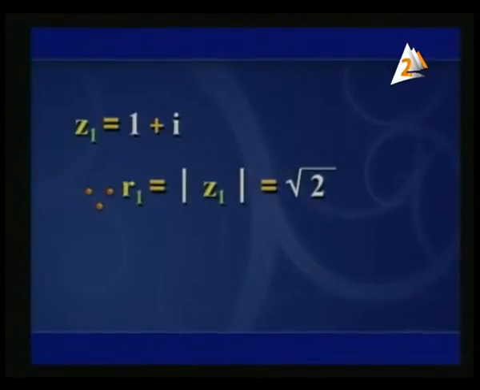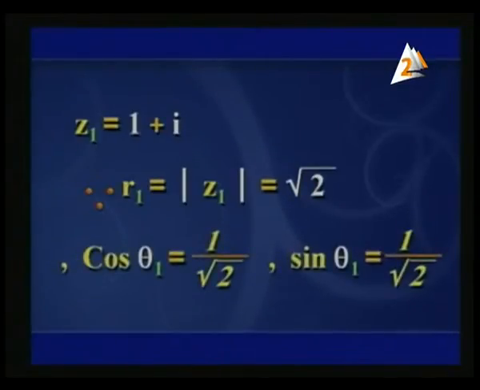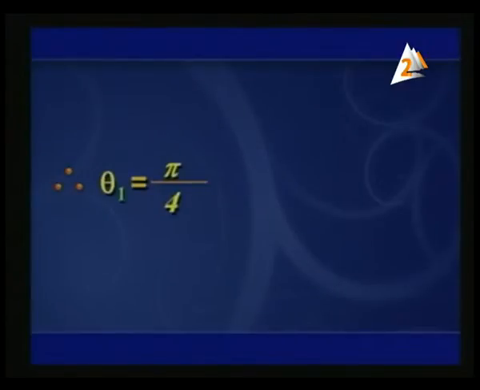Solution. z1 equals 1 plus i, and r1, the norm of z1, equals root 2, and cosine theta 1 equals 1 over root 2 and sine theta 1 equals 1 over root 2. Therefore, theta 1 equals pi over 4. Then z1 equals root 2 e to the power pi over 4 i.